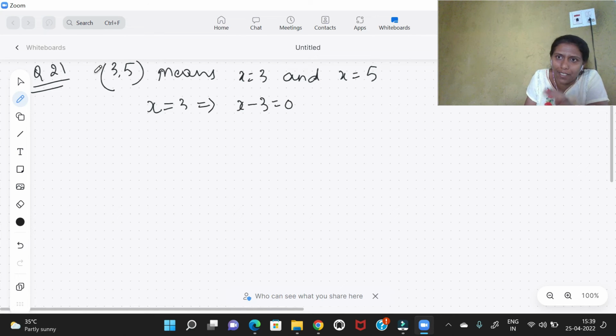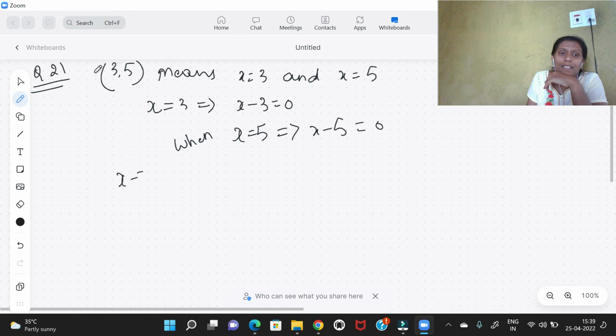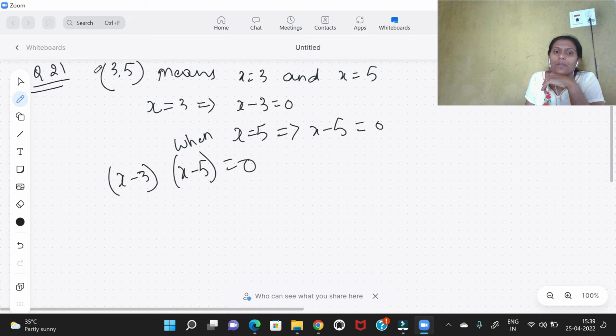It is as simple as taking 3 onto the left side. If that's the case, when x is equal to 5, it means x minus 5 is equal to 0, right? So it is x minus 3 into x minus 5 is equal to 0.